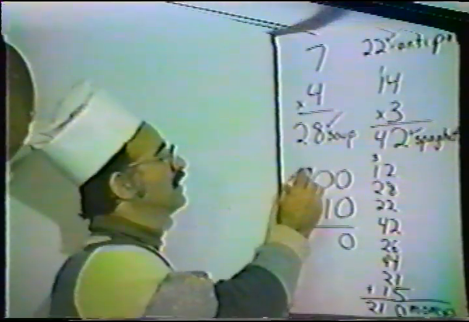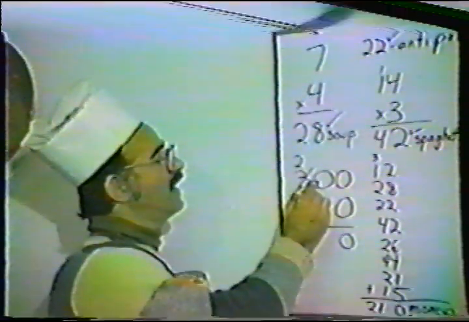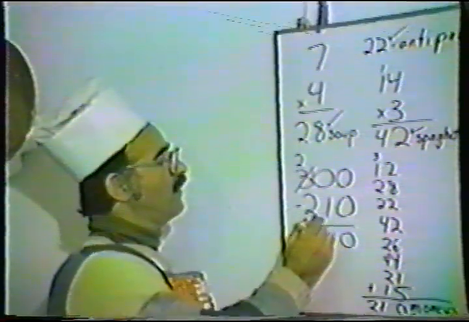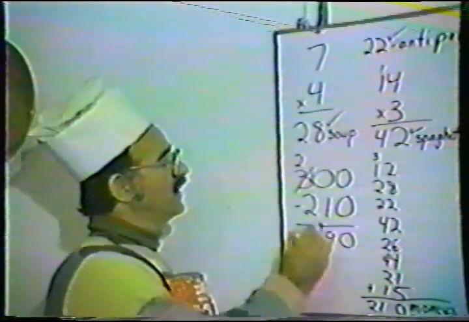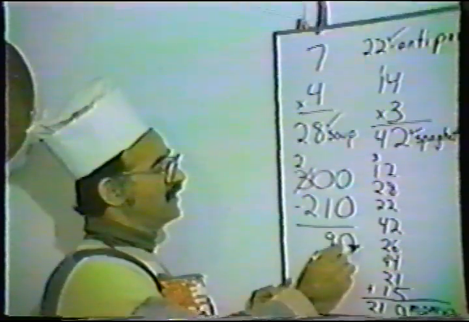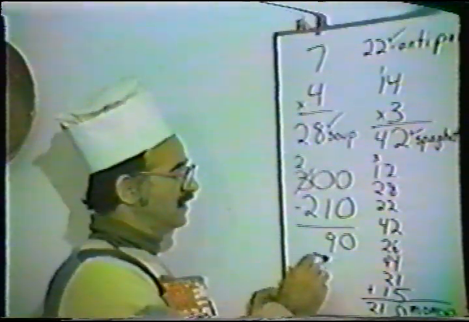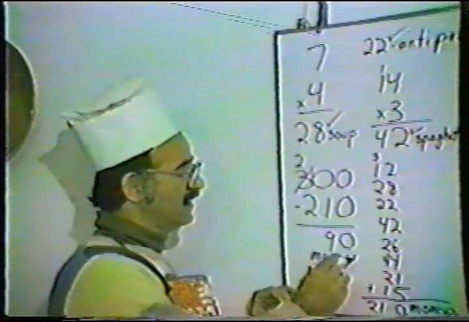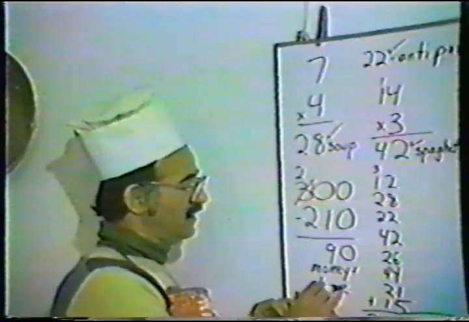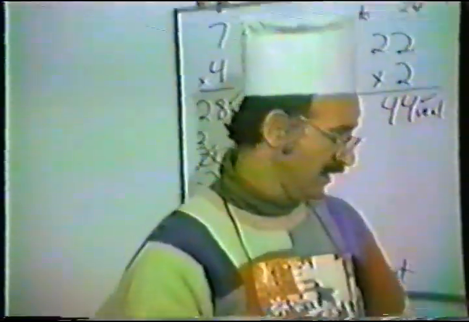Can do. The 3 becomes a? 2. So that the 0 becomes a? 10. 10 take away 1 is? 9. 2 take away 2 is? 0. The answer is 90. 90 what? Monies change.